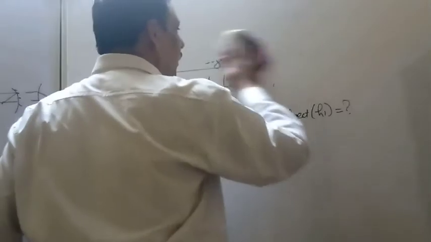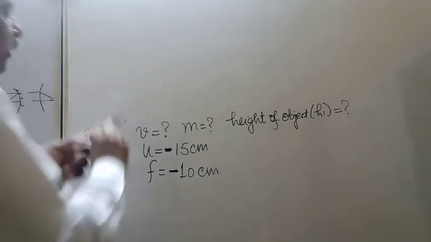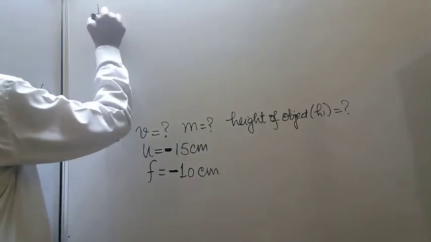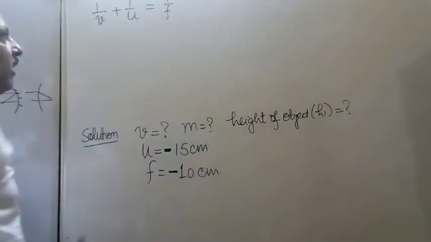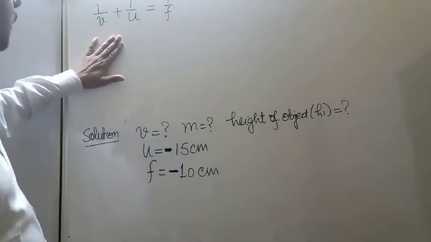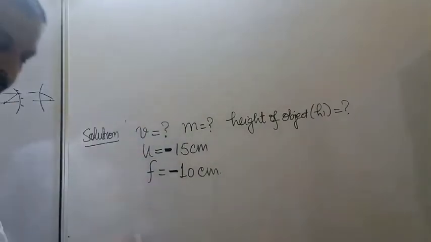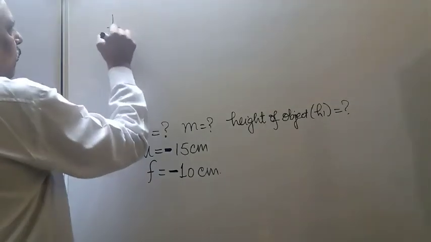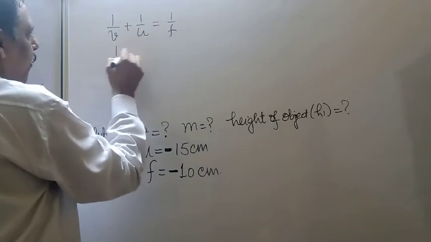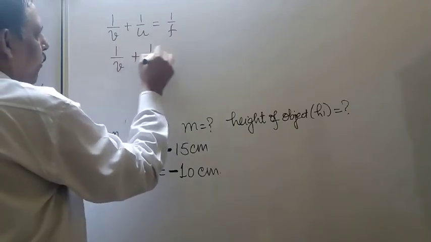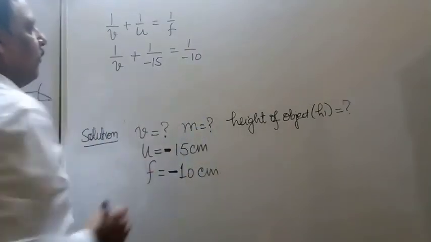By using the mirror formula we can find it. 1 upon v plus 1 upon u is equal to 1 upon f. This is the mirror formula. So 1 upon v, which we do not know, plus 1 upon minus 15 is equal to 1 upon minus 10.